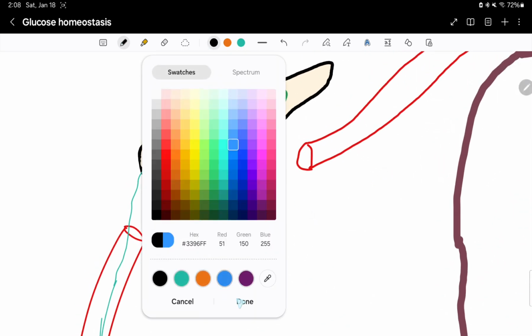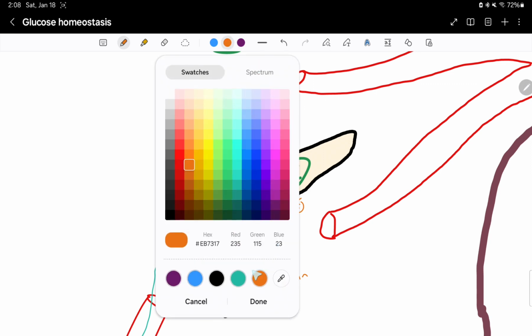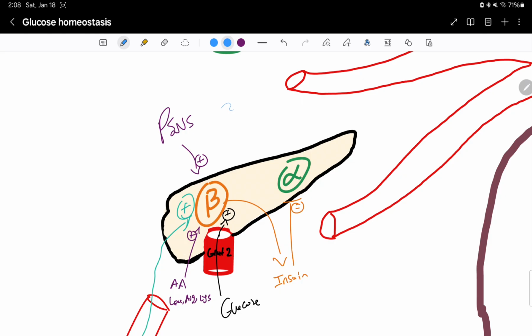There are other things as well. Remember the neural regulation? Well, when you're in a rest and digest scenario, and you just want to digest your food, that's the parasympathetic nervous system. That's going to stimulate the activity of these beta cells. But when you're exercising, your sympathetic nervous system is pretty high.